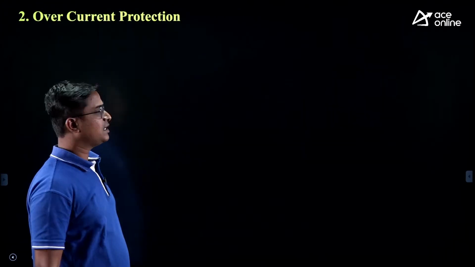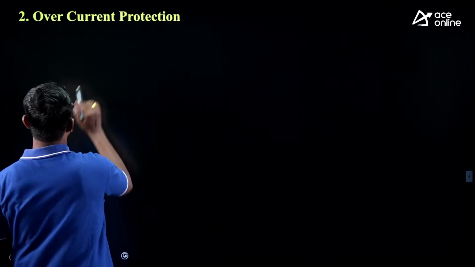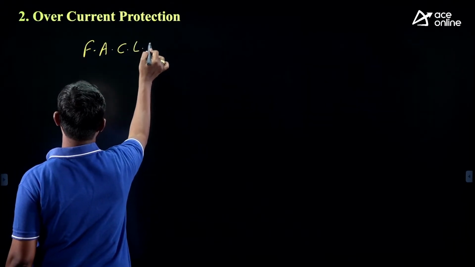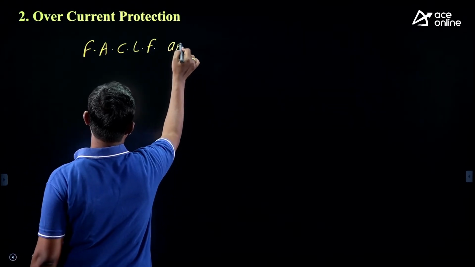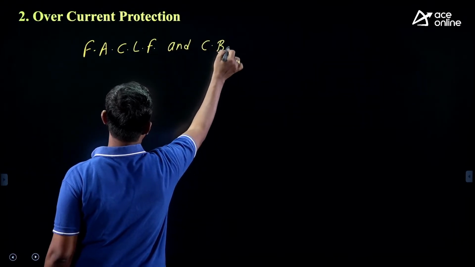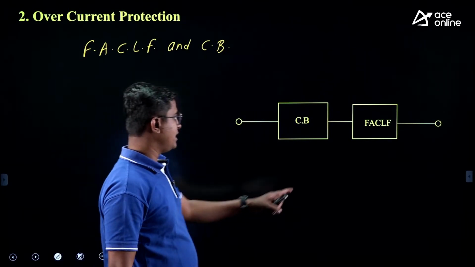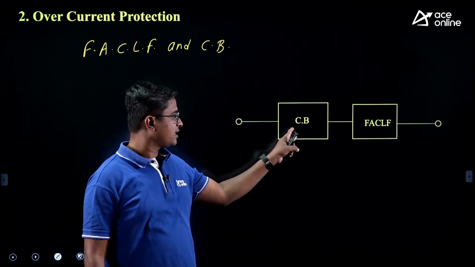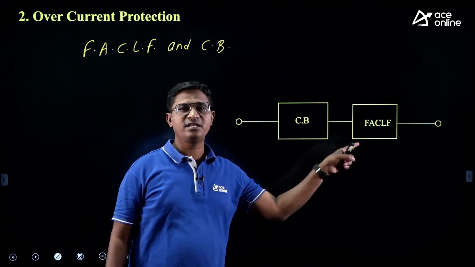Next is overcurrent protection. To protect the SCR against overcurrent, we are using a fast acting current limiting fuse, FACLF, and circuit breakers. FACLF means fast acting current limiting fuse, and circuit breakers are connected in series with SCR.